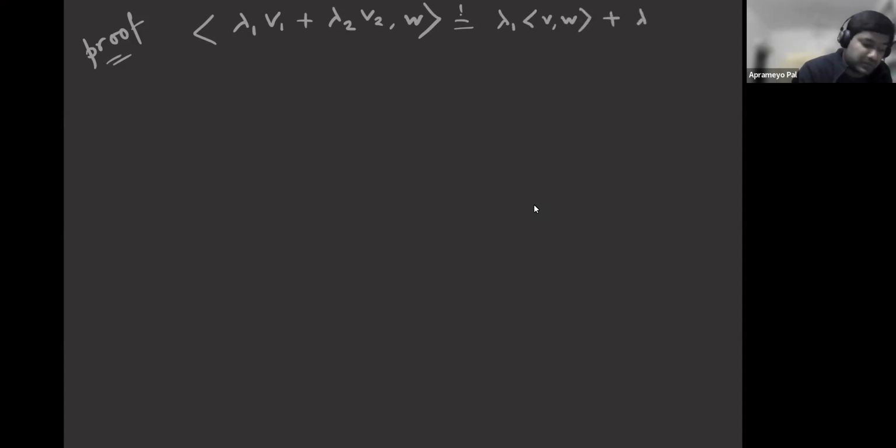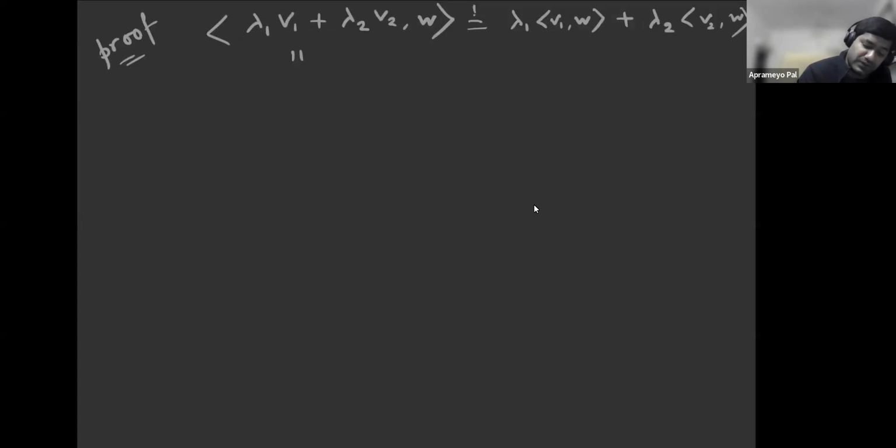I need to show that (lambda 1 v1 plus lambda 2 v2, w) is lambda 1 (v1, w) plus lambda 2 (v2, w). If I can show this, then this is bilinear. Let's go with the definition.